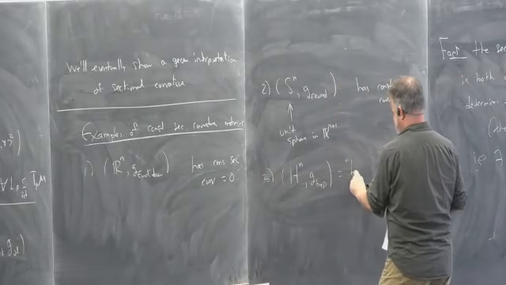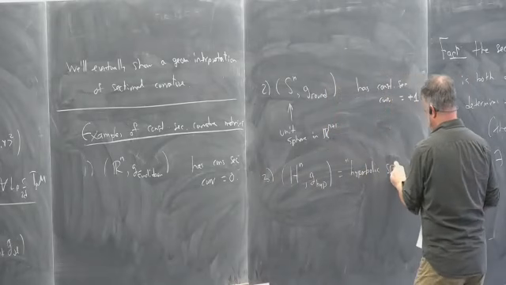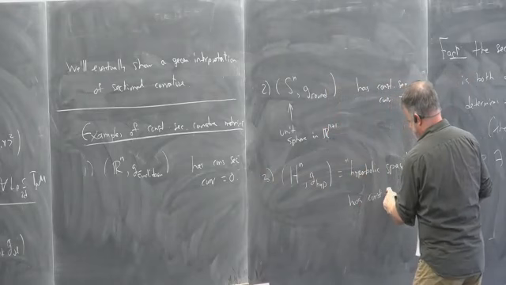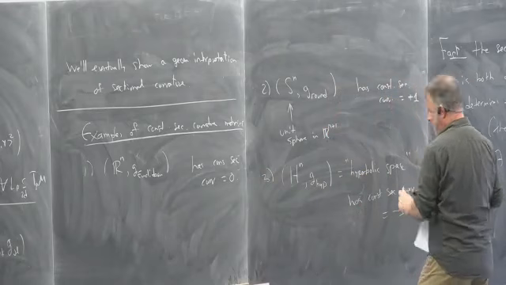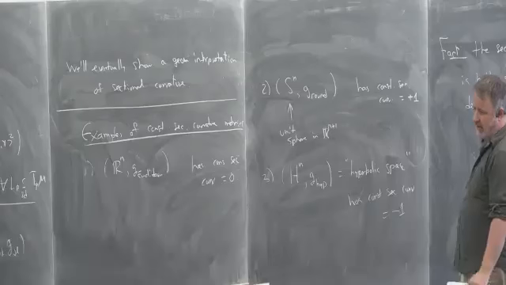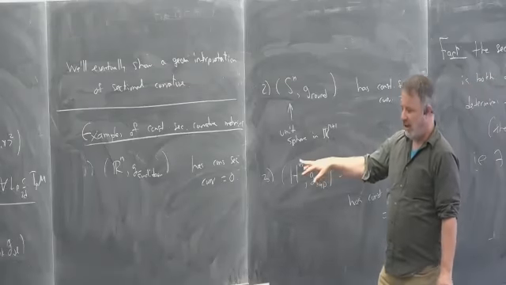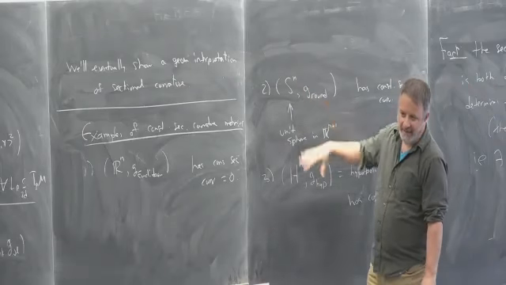This has constant sectional curvature equal to -1. Okay, I haven't told you what hyperbolic space is. You can look it up in do Carmo or in any Riemannian geometry text. You can do this for any dimension. Of course, when n equals 1, these are all flat.